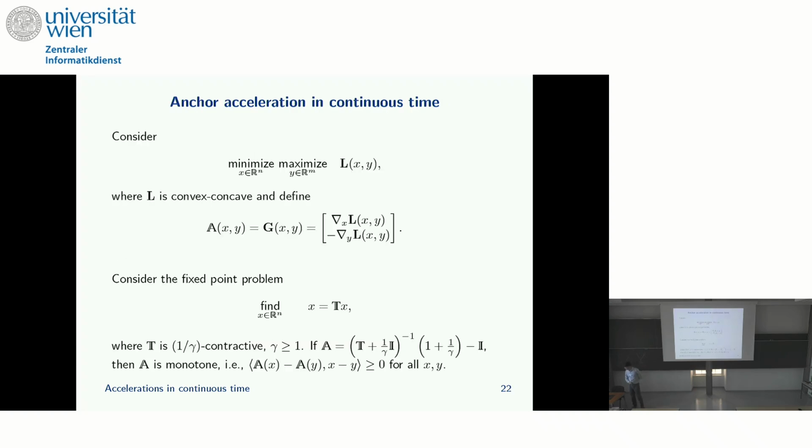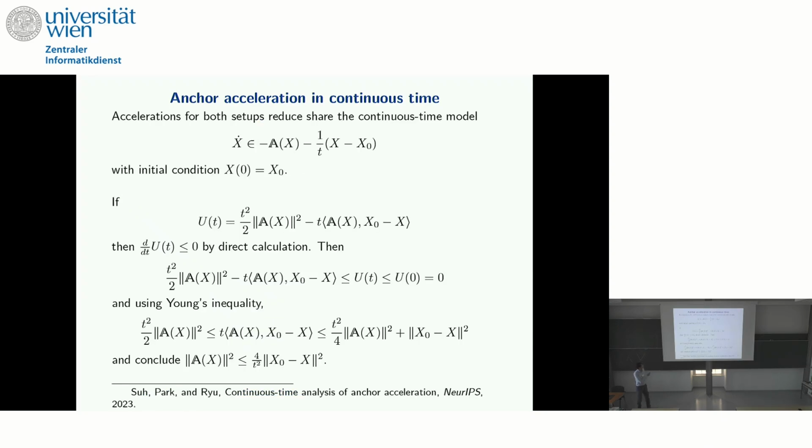What about these other acceleration mechanisms? For anchor acceleration, we can use the saddle operator G as our monotone operator. For the fixed point problem, we need to extract the corresponding maximal monotone operator with these resolvents, but we extract the relevant maximal monotone operator. And here is the differential inclusion that models the anchor acceleration. Think of A as something analogous to the gradient.